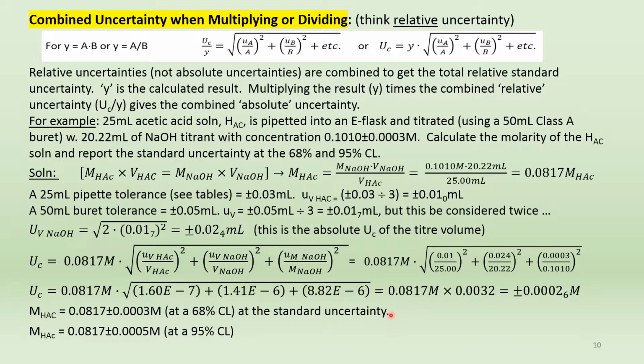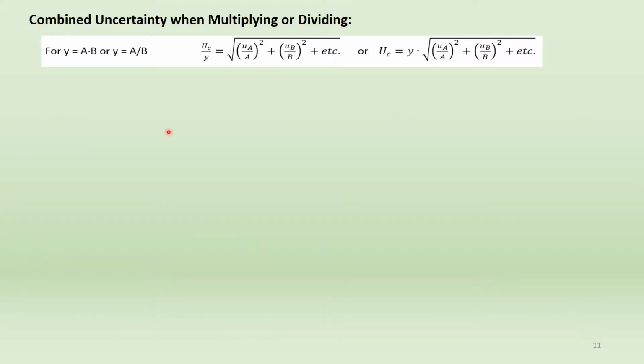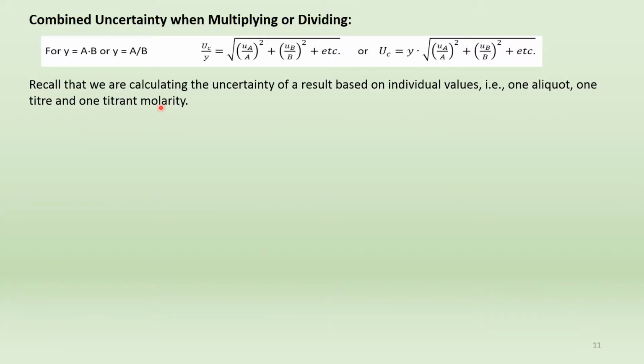If I then want to use the 95% confidence limit, the standard uncertainty would be 0.0003 times 1.96, and that works out to be 0.0005 if you carry the extra sig fig initially. So recall that we are calculating the uncertainty of a result based on individual values. We had 1 aliquot of acetic acid, 1 titer of sodium hydroxide, 1 titrant molarity of sodium hydroxide.